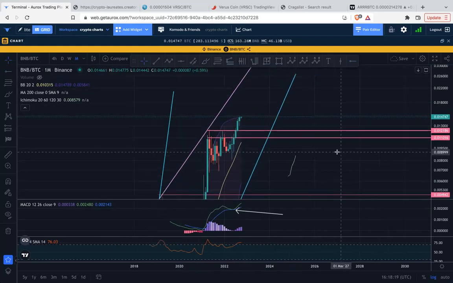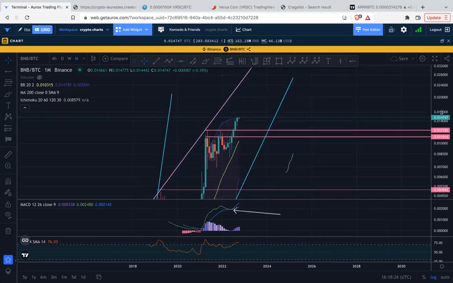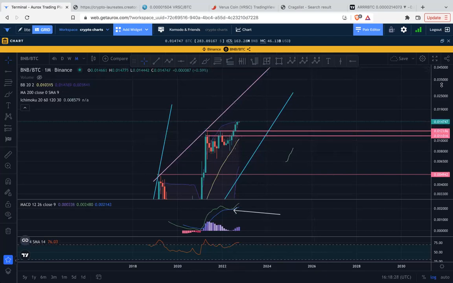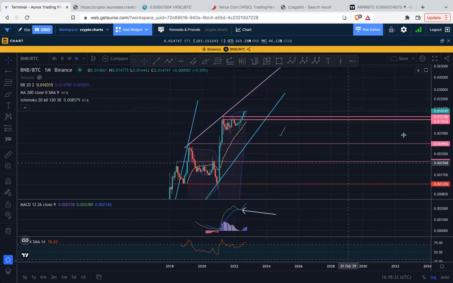So on the monthly level, this is where you start getting concerned, and obviously you've got your 20-month moving average coming up towards it. If you were to be breaking down these levels, then it's a big concern. So that's BNB on the monthly.